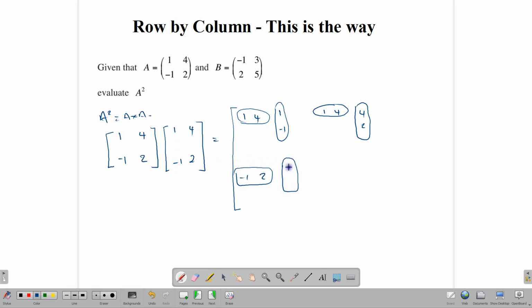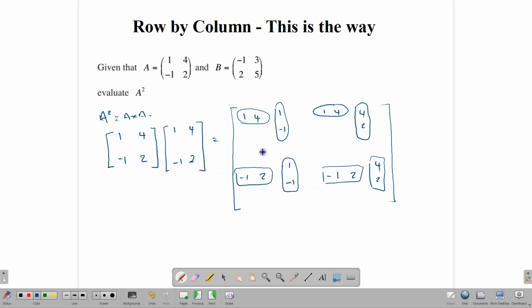I'm writing it out, taking the long road here so that you can see the pattern. And then -1, 2 multiplies this column 4, 2. Notice these are the same. So it's row times column, then row times column, second row times column, and row times column.